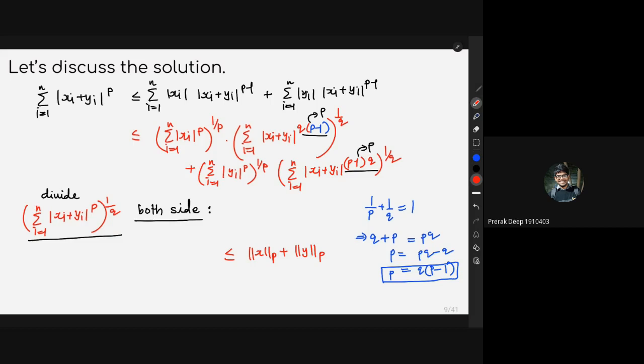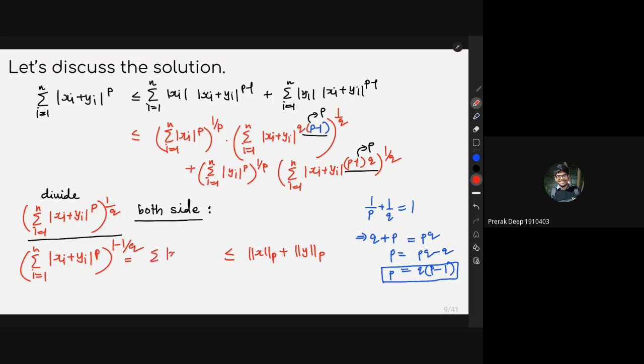And on the other side, what is left is the same quantity, summation i from 1 to n of (x_i plus y_i) to the power p, to the power 1 minus 1 over q. Now 1 minus 1 over q is equal to 1 over p.